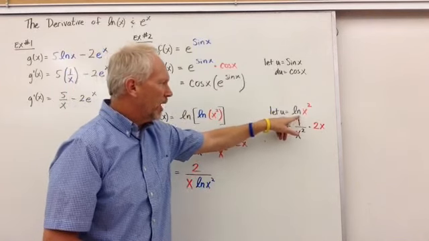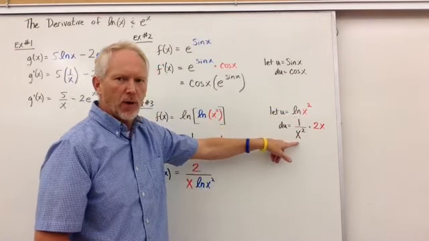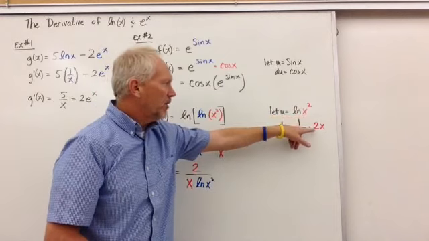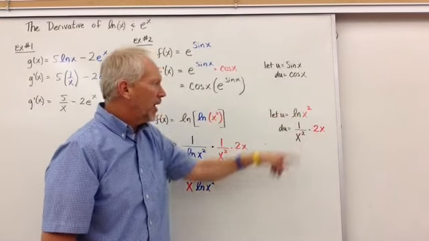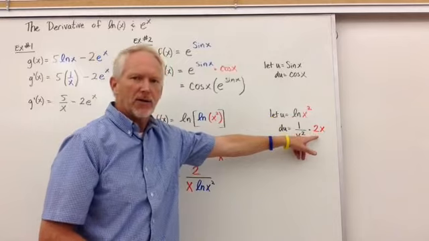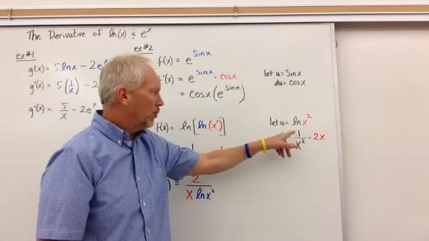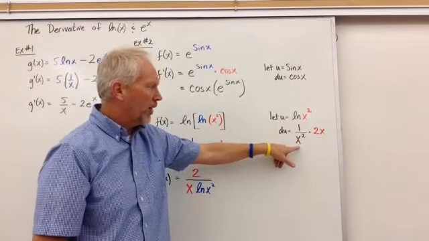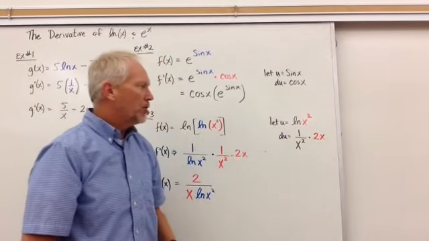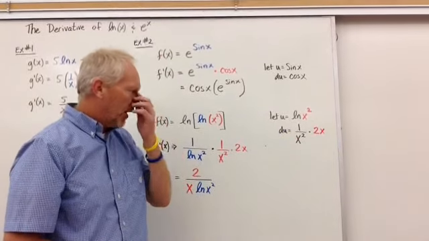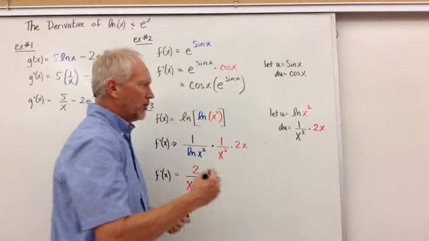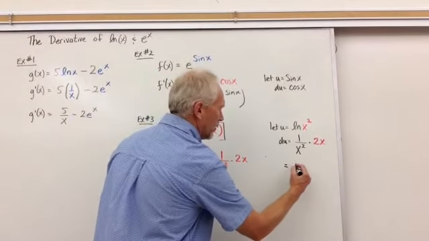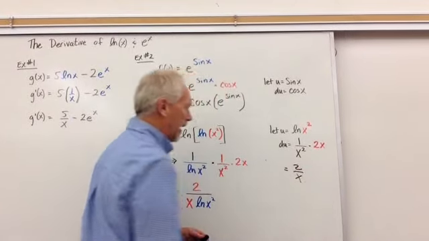And that means we're going to get 1 over x squared times the derivative of x squared, which is 2x, right? So 1 over the argument, 1 over x squared times 2x. Now that will simplify to 2 over x.